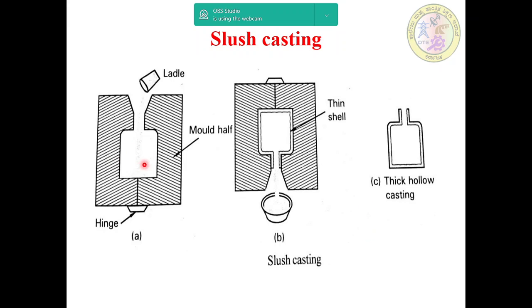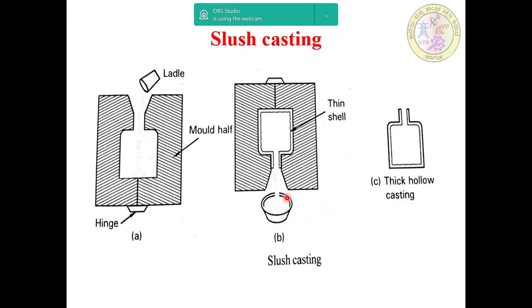This is a simple sketch of slush casting. This is the mold, and here molten metal is poured into the metal mold. After a few seconds the entire mold is inverted, and the molten metal is drained out into a container.